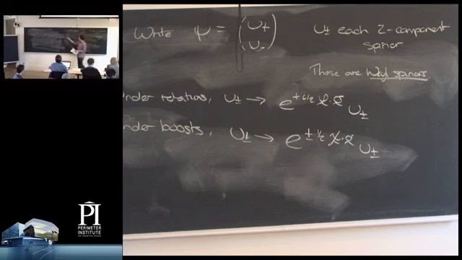Its derivatives d0, maybe I should put 0 there instead of dt, and the spatial derivatives di multiplying the gamma matrices. Okay. And then there's a minus m, u plus u minus.